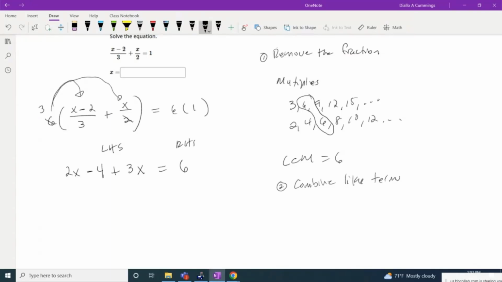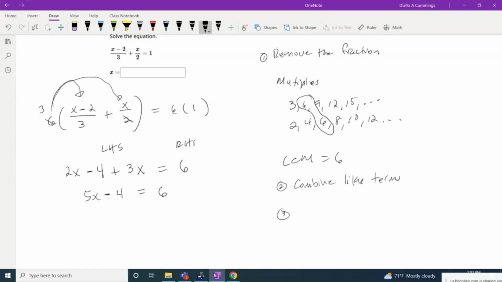So I'm going to combine those. 2x plus 3x is 5x. I'm going to bring down minus 4. And I'm going to bring down 6. All right. And on the right-hand side, there's only one term, so it's simplified.